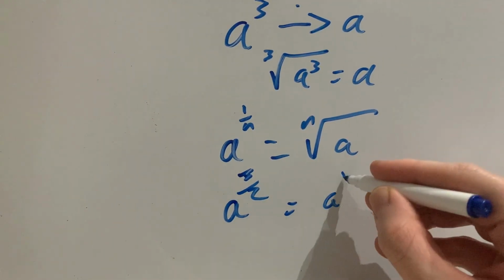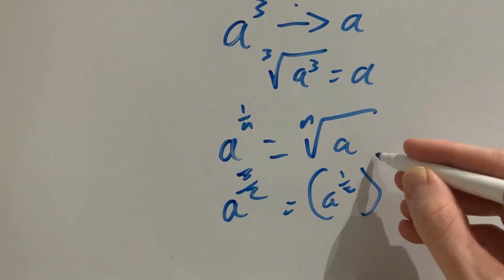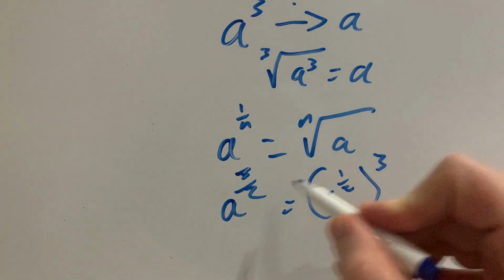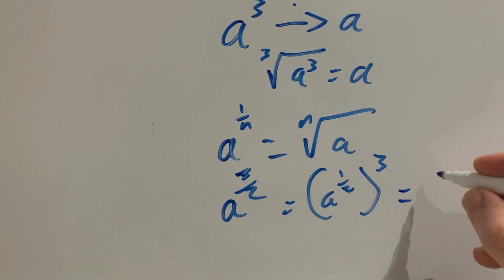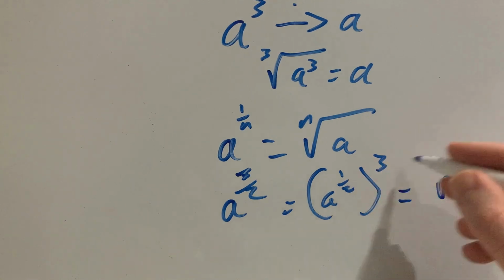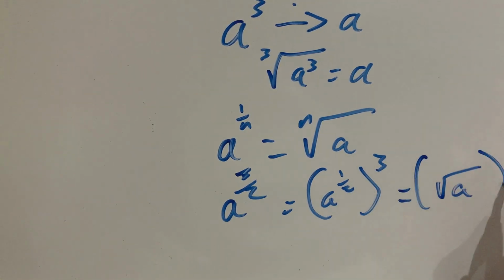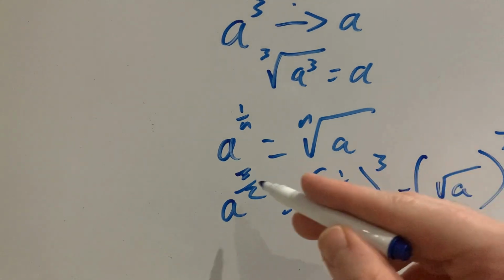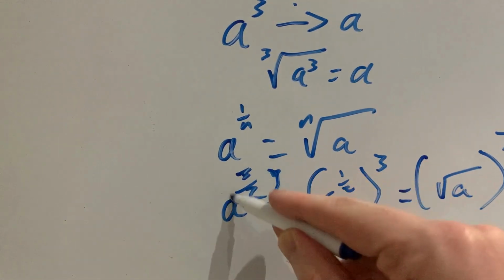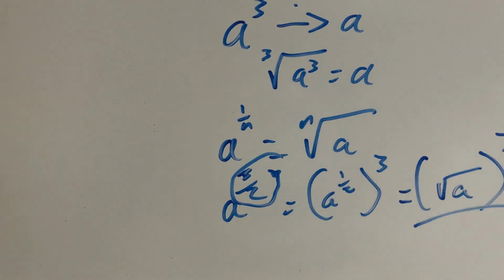That's just a to the half, cubed, right? They're the same thing. We multiply the powers. 3 times a half is 3 over 2. And that is just the square root of a, taking it to the half, and then cubed. So that's an idea of what we're doing when we raise something to a fraction. Like, what even is this? This is kind of what we're doing.